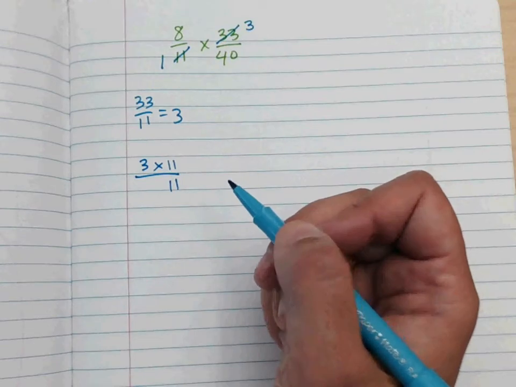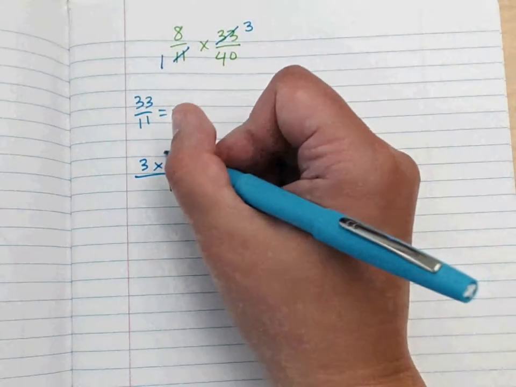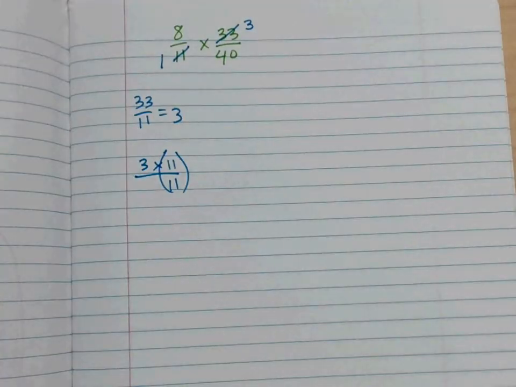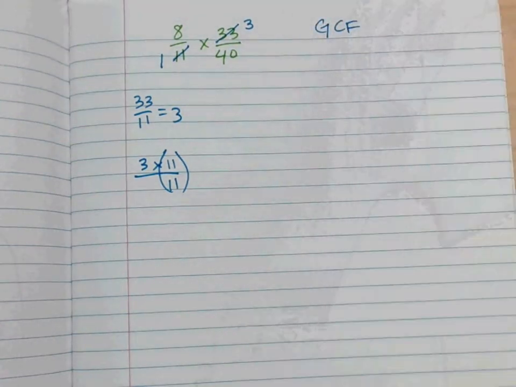You see what I'm saying? 33 is 3 times 11. But what we're canceling out is the 11, because 11 over 11 is, what's 11 divided by itself? Yes, that's called the greatest common factor. We're getting rid of the frequent number, which is the GCF.